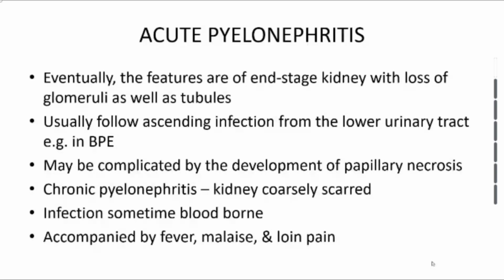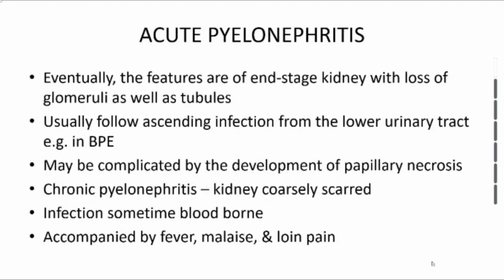So they usually follow ascending infection from the urinary tract. For example, in benign prostate enlargement or benign prostate hyperplasia, it could be hyperplasia or hypertrophy. So in males, you have an enlarged prostate that is blocking the outflow of urine from the urinary bladder, so you end up with a lot of urine within the bladder, and this may eventually affect the valve mechanism of the ureter as it enters the urinary bladder.